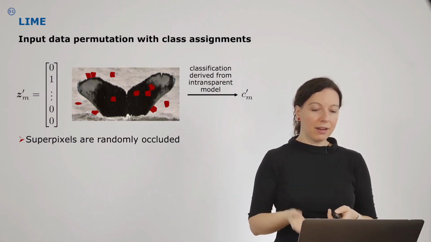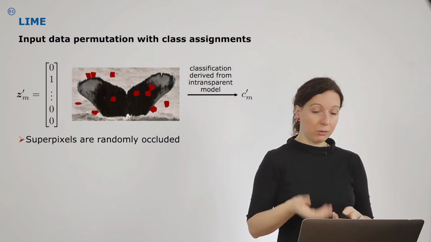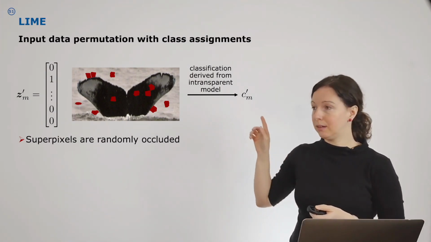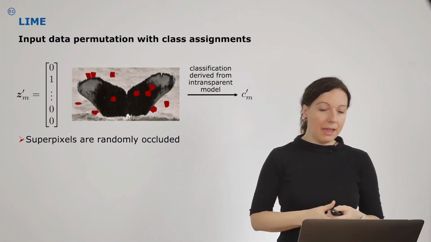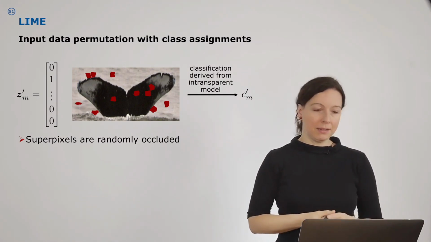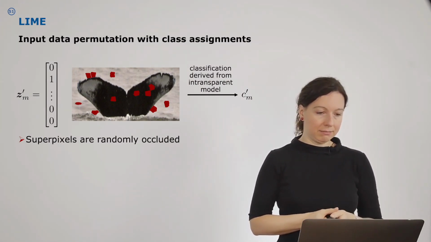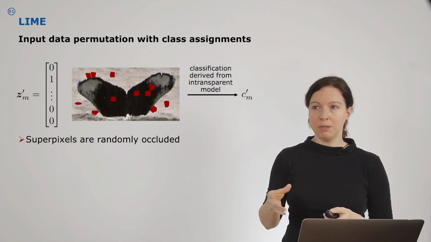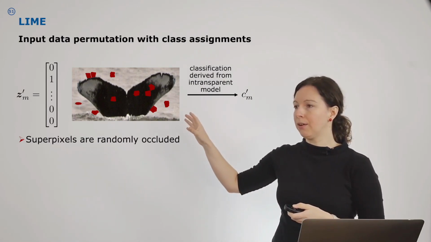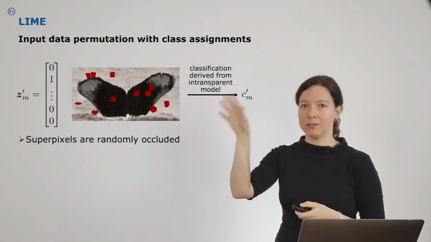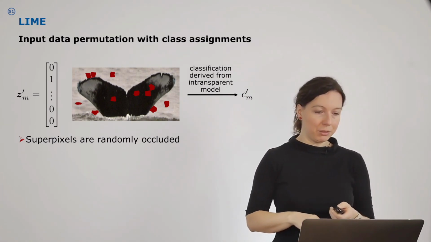And then you classify the image with occlusions to get a label C, this here. And you do this for many images. And with images, I mean for a lot of randomly sampled set vectors and covered up images.